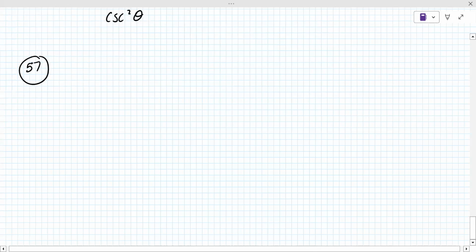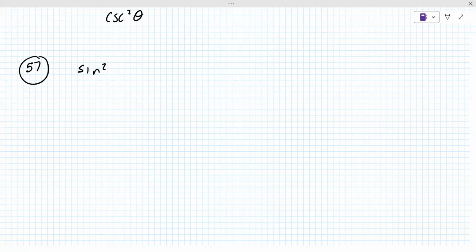So this is sine squared theta times cosecant squared theta minus 1. Whenever you see a squared, you first should think, I wonder if it's a Pythagorean identity.